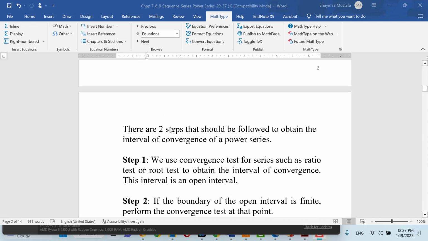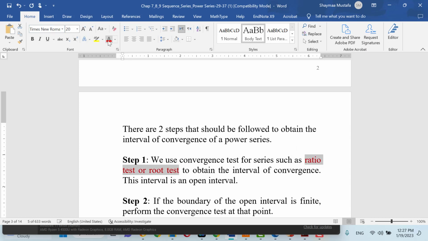How can we determine the interval of convergence for a power series? To calculate it, we need to apply either a ratio test or a root test.